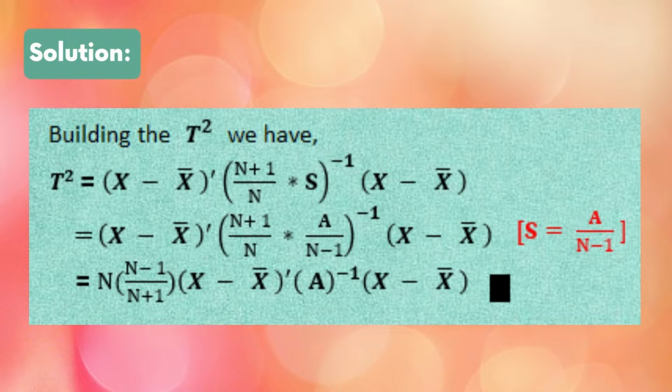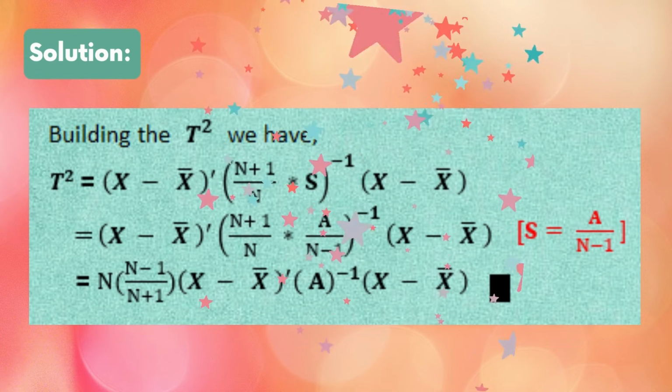The inverse of the constants on the middle term is n times n minus 1 over n plus 1. Placing the inverse of the constants in front, we arrive at n times n minus 1 over n plus 1 multiplied to the normal vector transpose times the inverse of matrix A multiplied to the normal vector.